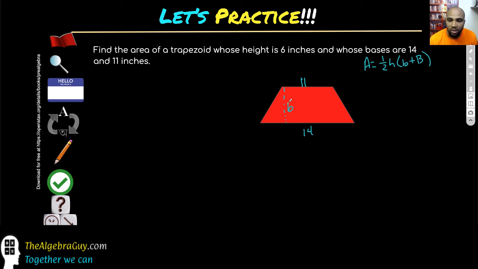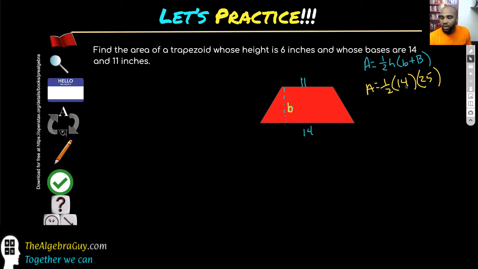All right, so this is a 6, by the way, not a B. So we're just going to plug it in, right? 1/2. I know my height is 14. I didn't really need parentheses right there. Add up the two bases, 14 and 11, is 25. So there's my problem. When I work this out, it's going to be 1/2 times 14 times 25.